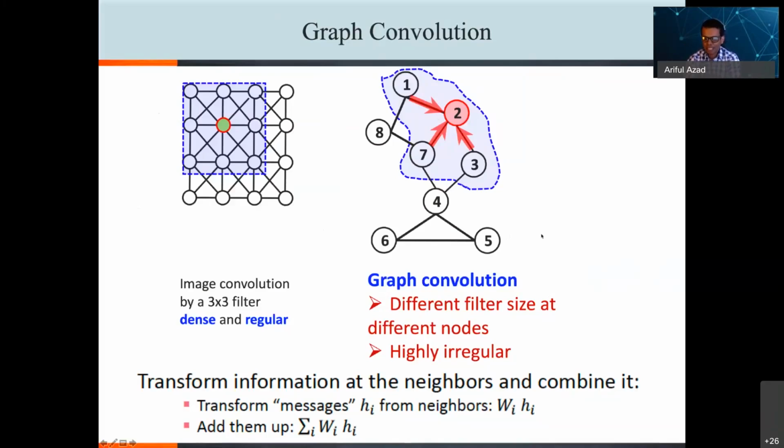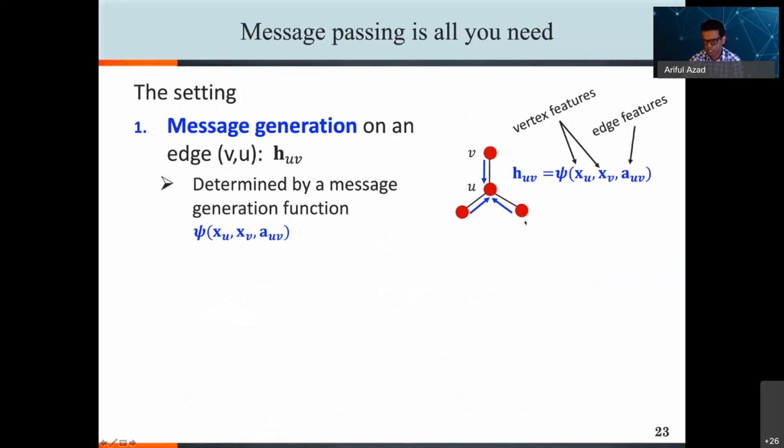So we tackle this by using a message passing framework. If we are considering vertex 2, we have 3 neighbors: 1, 7, and 3. They will send some messages to vertex 2, and based on these messages, vertex 2 will compute the signal, or what we often call the activation. So the key point in graph embedding or graph convolution, whatever you call it, is this.